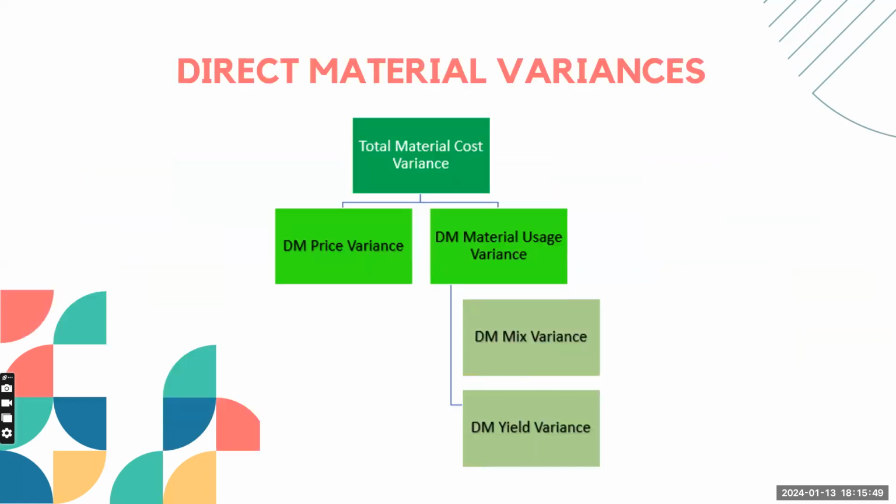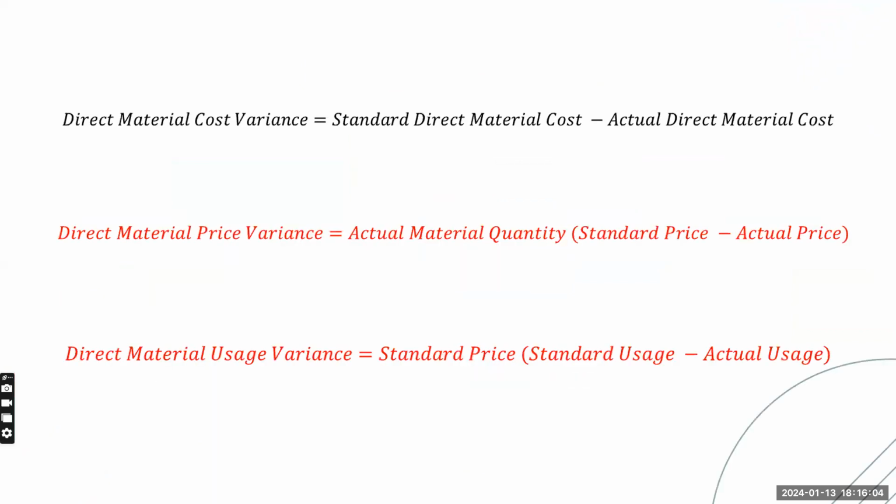See, Lamai. So the first thing we are going to talk about is the direct material variance. Direct material variance, you can see it divides into two, price and usage further divided into mix and yield. Okay, so we'll take one by one. This is previous knowledge, Lamai.